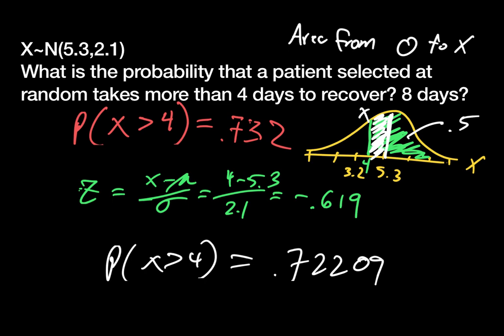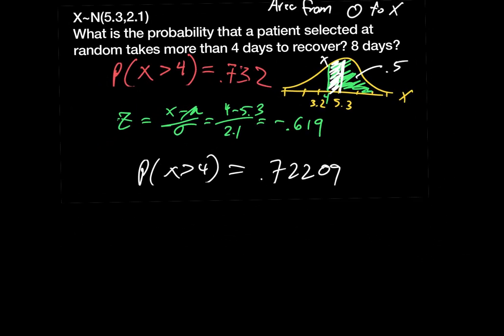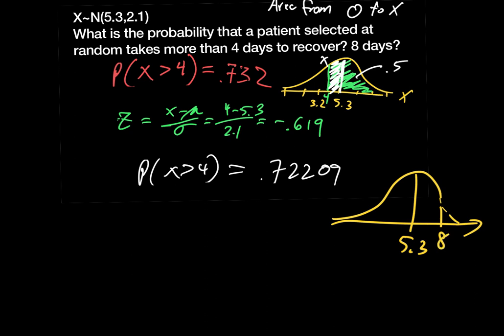Procedurally, what about 8 days? Not much changes, except I have a new picture. Can I put it on the same picture? I would prefer that you don't. 5.3, 8 is up there. I'm finding this area. Z equals 8 minus 5.3 over 2.1.